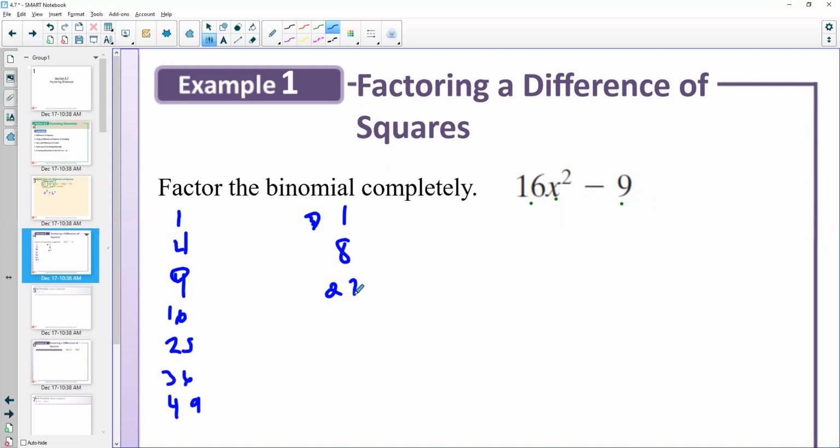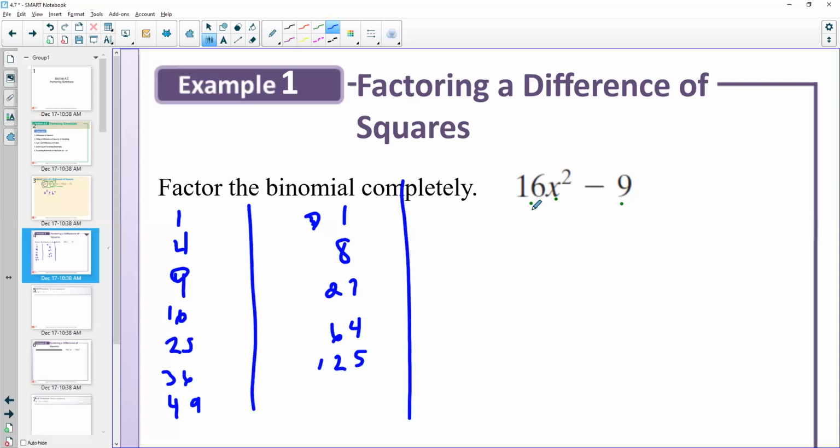Sorry. I don't always know them off the top of my head when I'm trying to talk, which is my problem. It's 64, which is what I was going to say. Good Lord. 64, okay? And then you keep going on, 125. You should make yourself a list somewhere if you don't have these right in your brain.